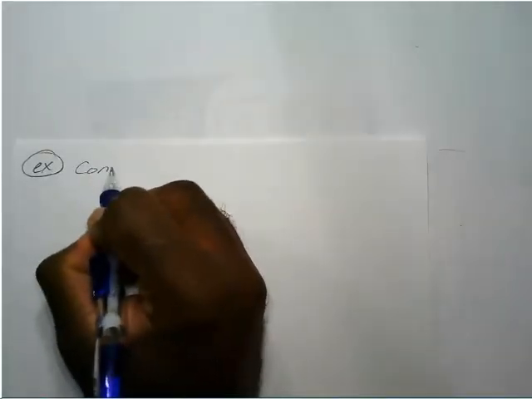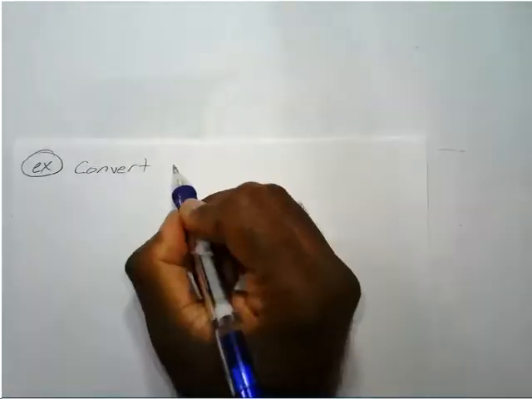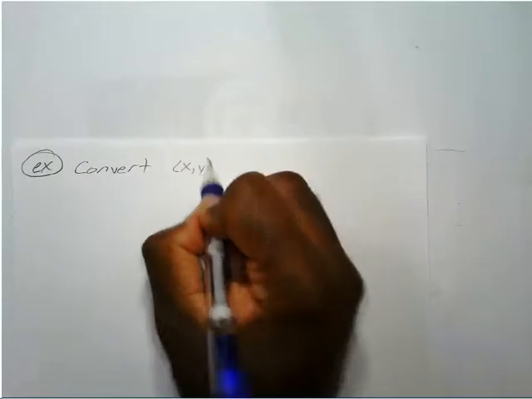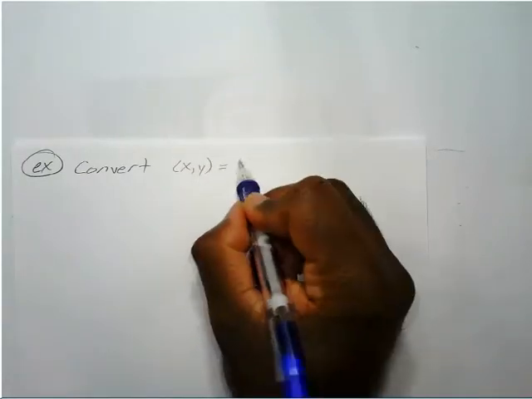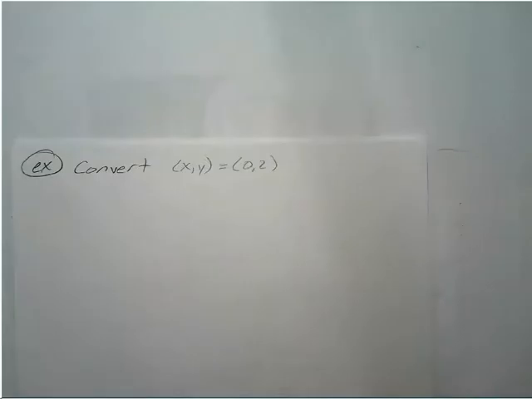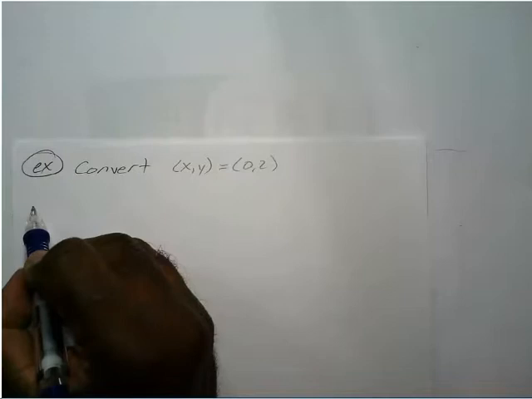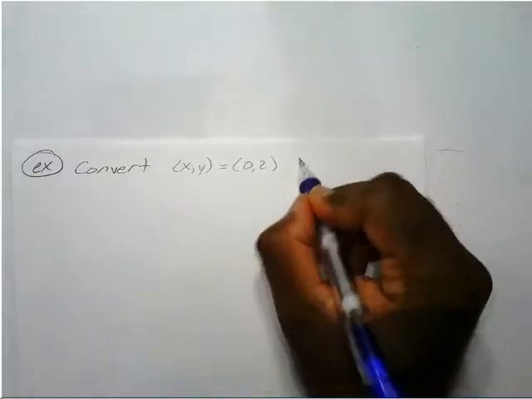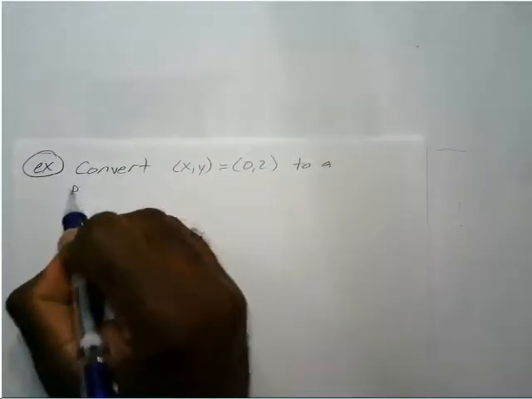Let's say we wanted to convert our xy point to the polar coordinate (0, 2). Now the difference here is that we're converting to a polar coordinate.